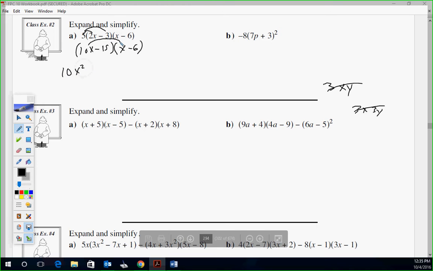That's my F. My O, 10x times negative 6 is negative 60x. Negative 15 times x is negative 15x. Negative 15 times negative 6 is positive 90. Combine the middle, and I'm done. 10x squared minus 75x plus 90.